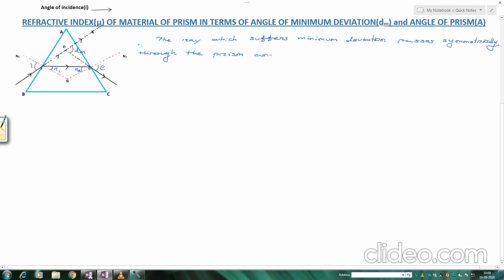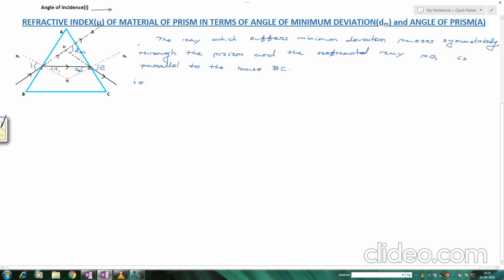And the refracted ray FG is parallel to the base BC.